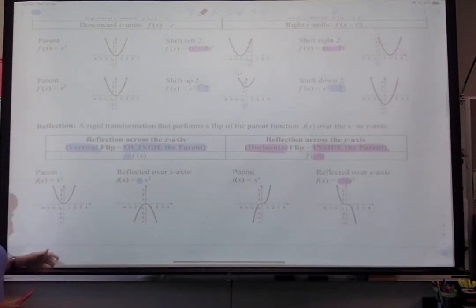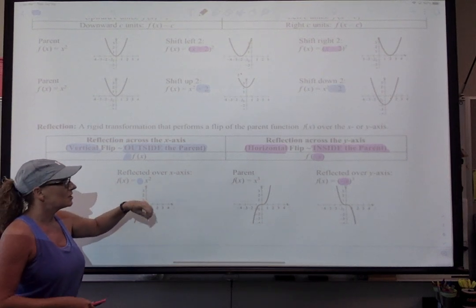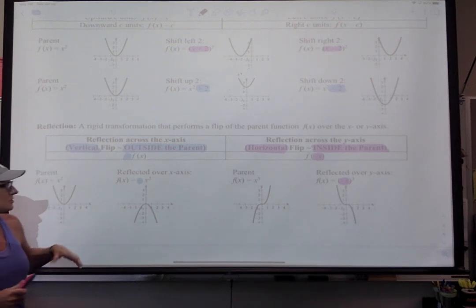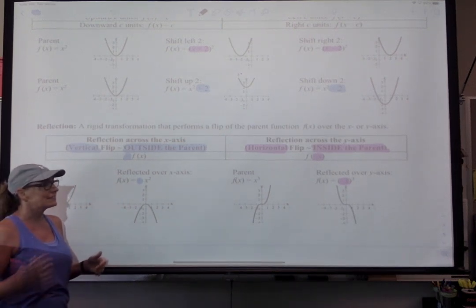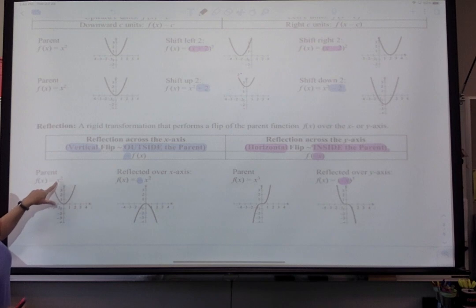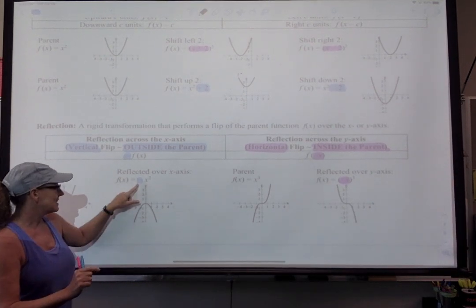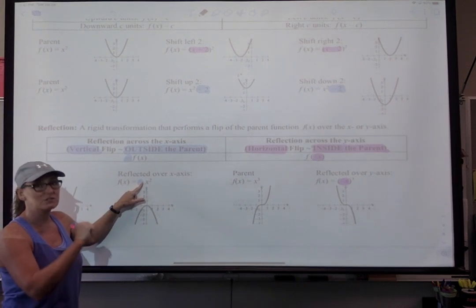All right, and then, let's see, we've done horizontal shifts, left, right, vertical, up, down. Let's talk about flipping or reflecting a graph. So, look, here's a parent function. I need you to recognize that this negative sign is on the outside.